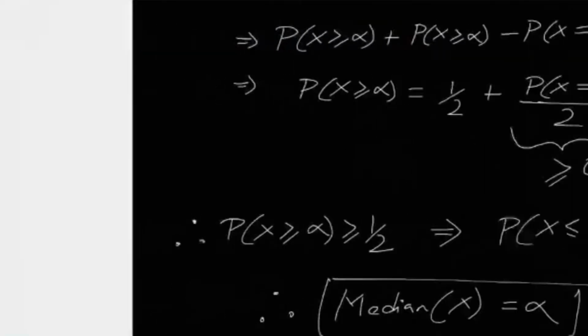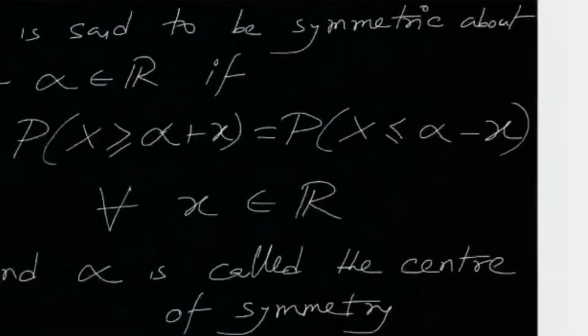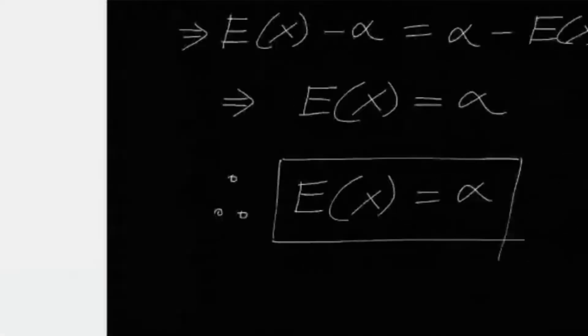Now we already know that x is symmetric about half. Therefore, expectation of x is also half and median of x is also half. That means the first option is true.